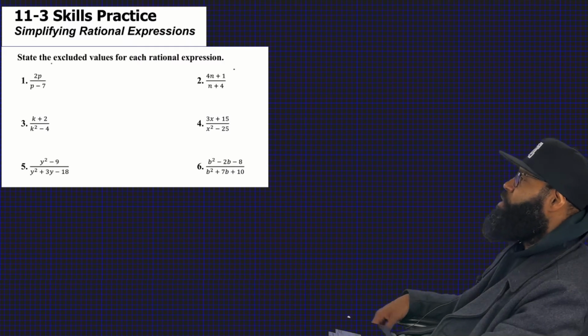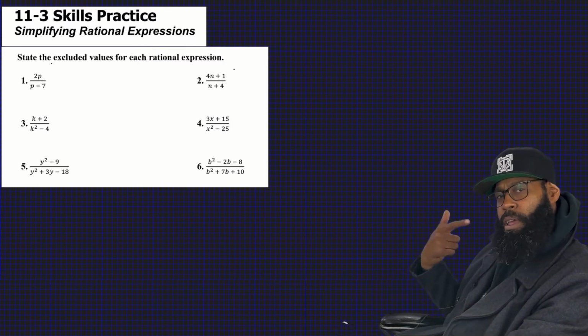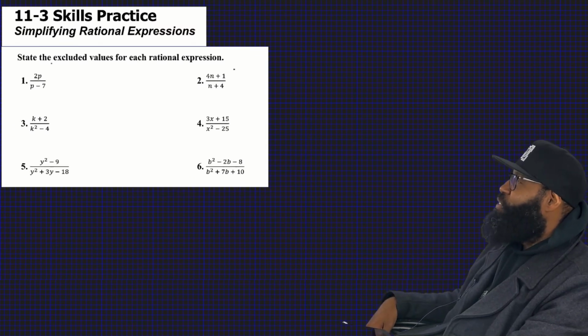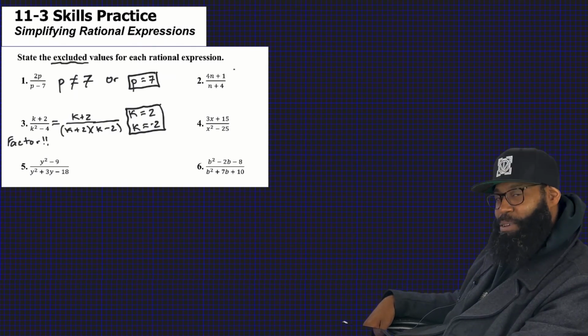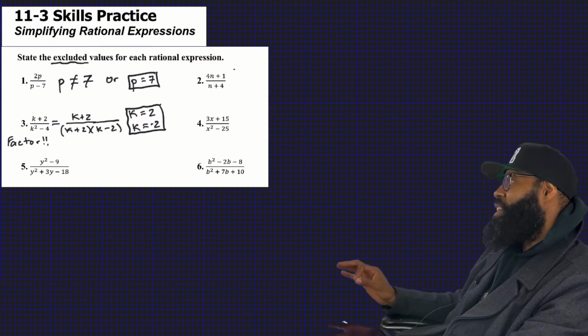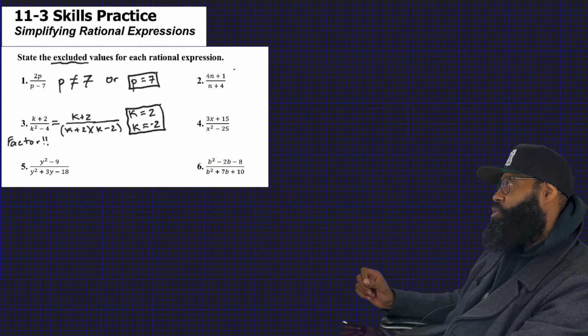So k plus 2 and k minus 2 is what we're gonna factor that into. That's one of our, just gotta have it, right? And therefore, k equals 2 and k equals negative 2. Meaning, k cannot be 2 and k cannot be negative 2, because either one of those will form a 0 in my denominator, which we cannot have.